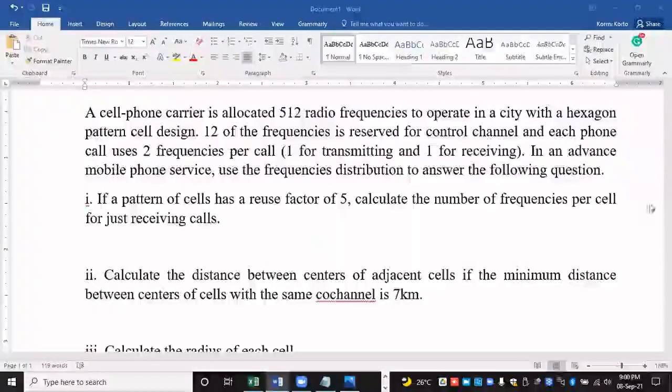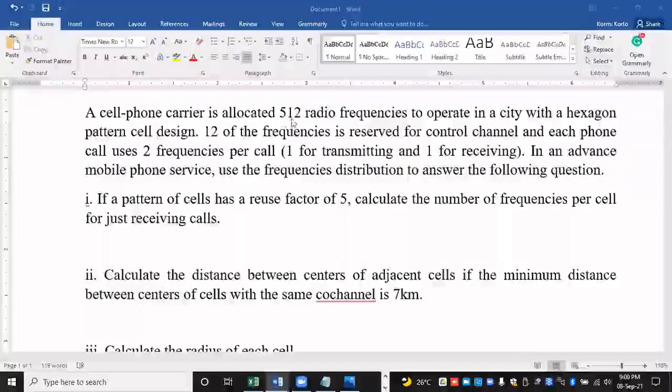Yes, sir, we are good. Great. So that means the carrier only has 500 radio frequencies to operate.